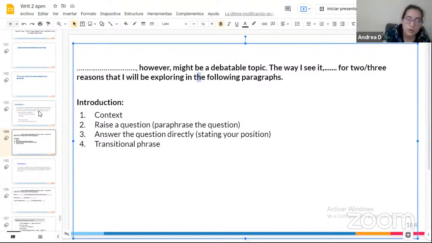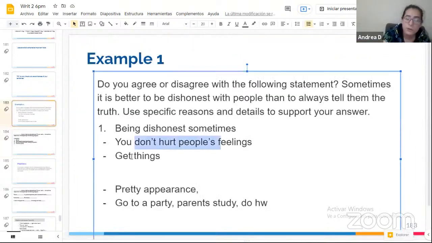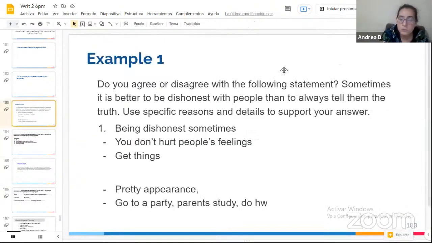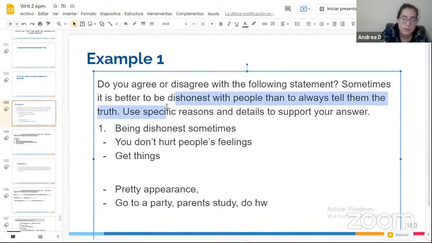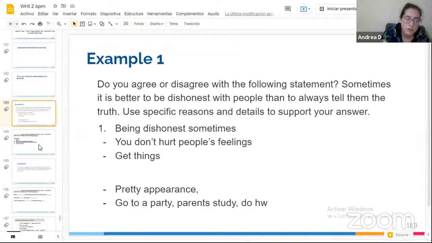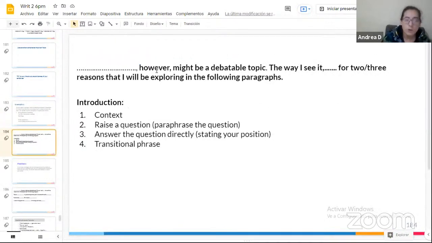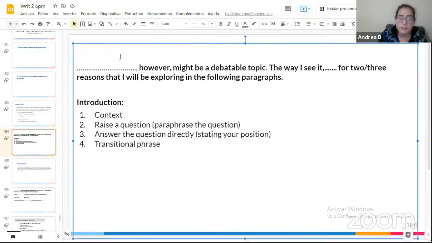So you don't have to talk about hurting other people or getting things for yourself. And you don't have to mention your position yet. So you don't have to tell me that you believe that you should always be honest. You just need to say something about honesty or explain why it's important. You know, why you should care enough to write an essay.